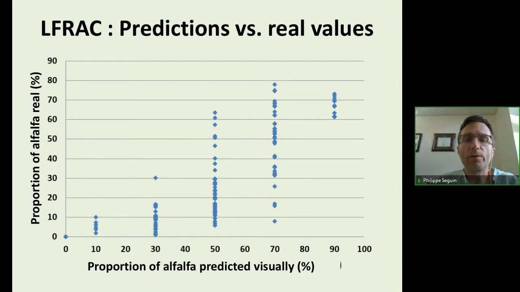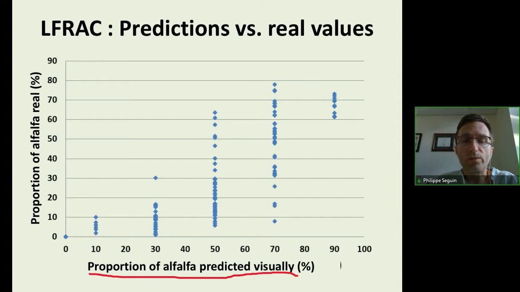In this graph, we see some data that contrasts the proportion of alfalfa that is predicted visually. Essentially, we had those 50 by 50 centimeter quadrats, as we saw in the procedure in the previous video.